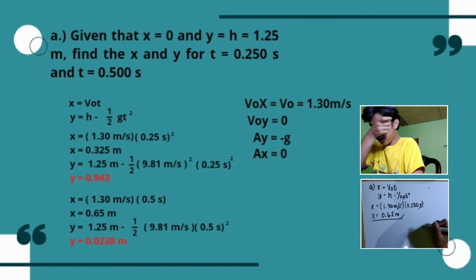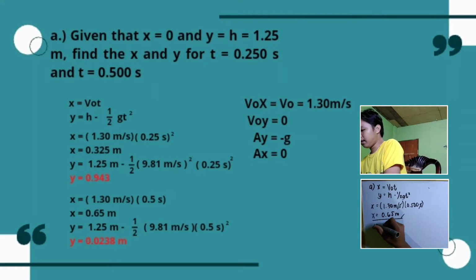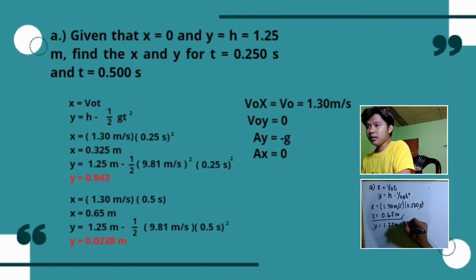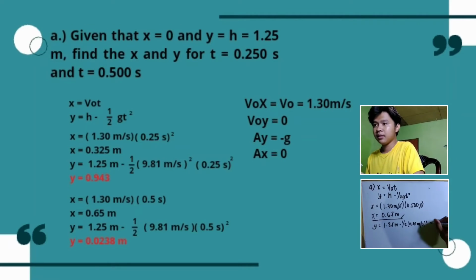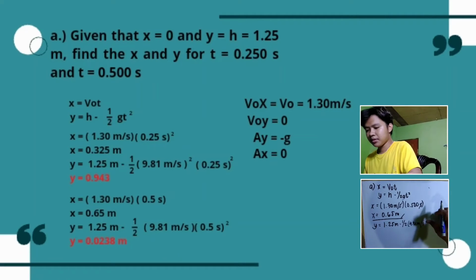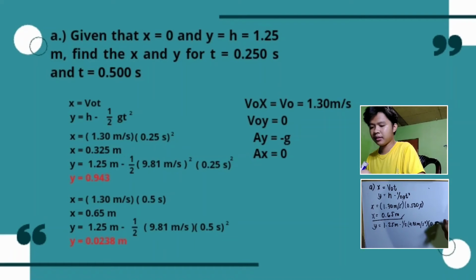This will be our x. And we solve for y. 1.25 meters minus 1/2, 9.81 meters per second squared multiplied by 0.500 seconds squared.